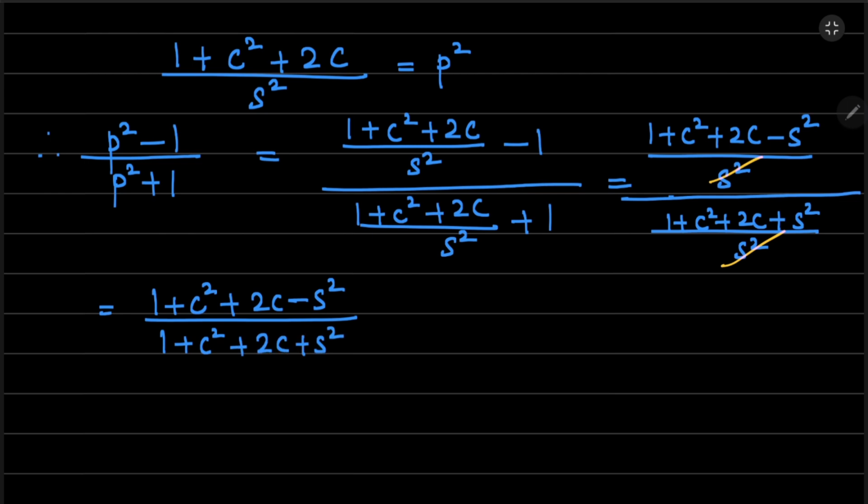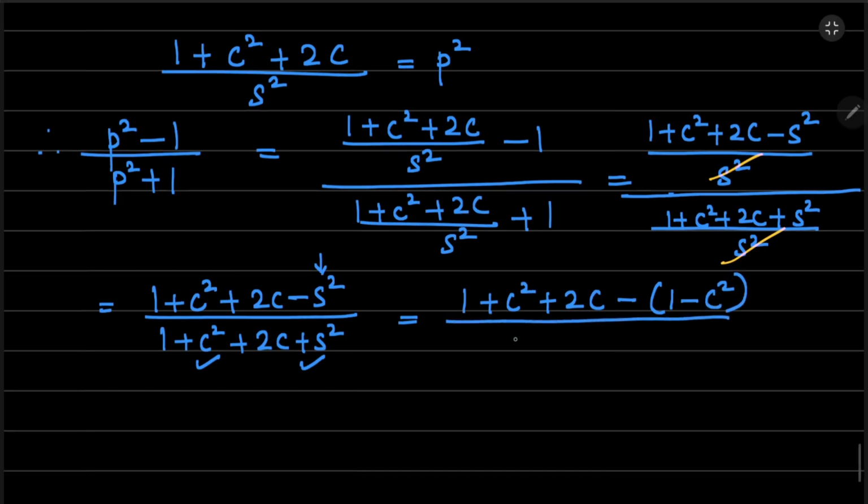Here, sine square plus cos square is equal to 1. In the numerator, we can convert this particular sine square into 1 minus cos square. So what do you get? 1 plus cos square plus 2 cos theta minus into (1 minus cos square theta), whole divided by 1 plus, since sine square plus cos square is also 1, I'm going to write another 1 plus 2 cos theta.